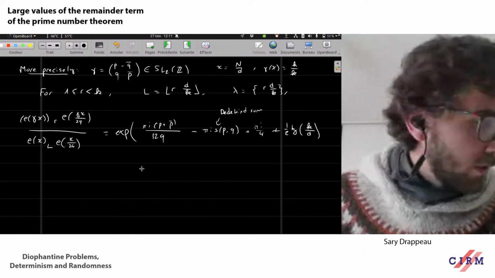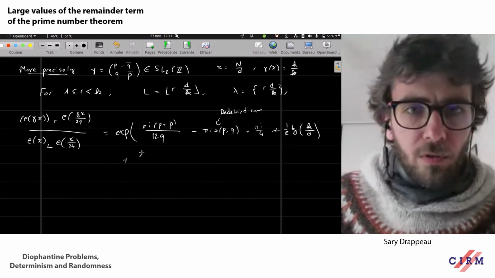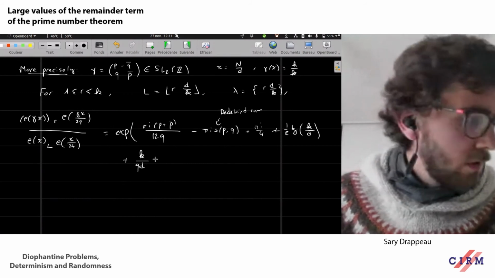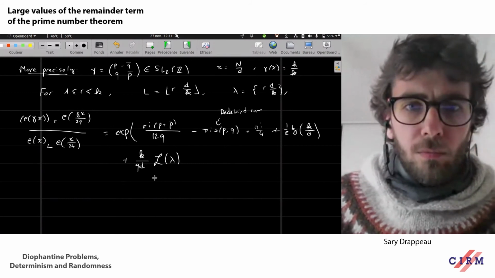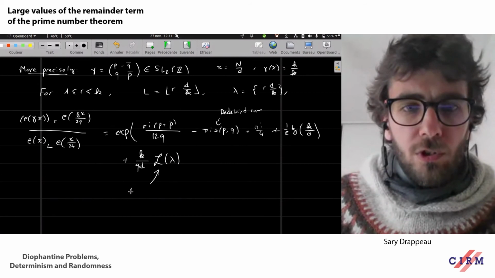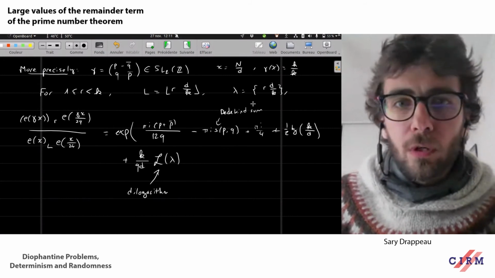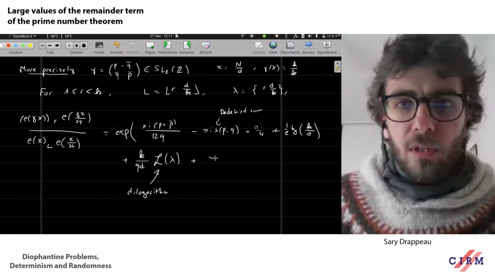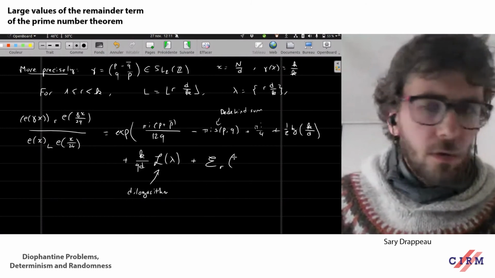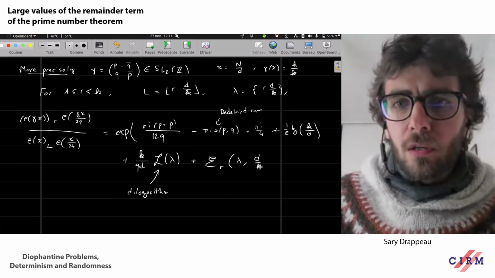I will explain each term. Plus k over qd times some function which is related to the logarithm, evaluated at this number between 0 and 1, plus an error term which depends on r, lambda, and d over k.